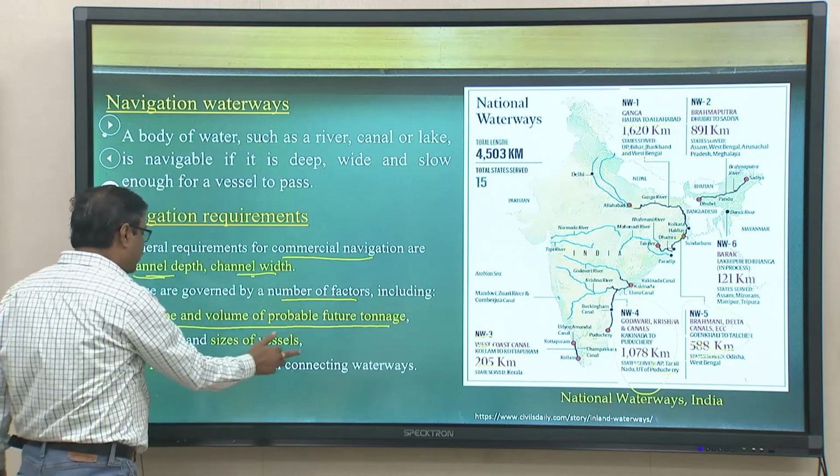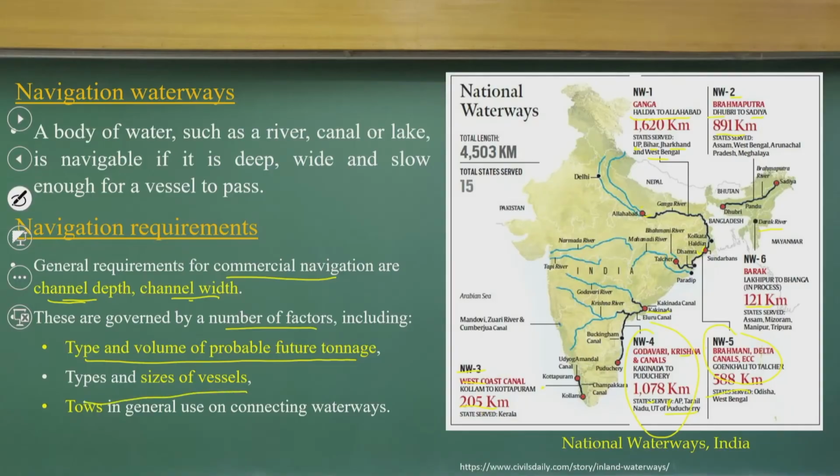We should know what type and size of vessels we are using, and the tools generally used for connecting these waterways. So, let us try to understand how we need to make all the national waterways commercially navigable.